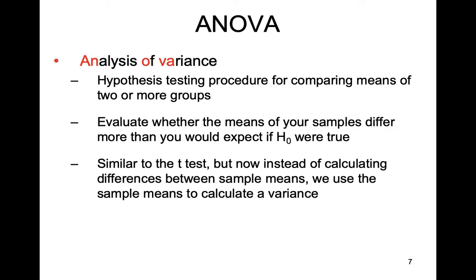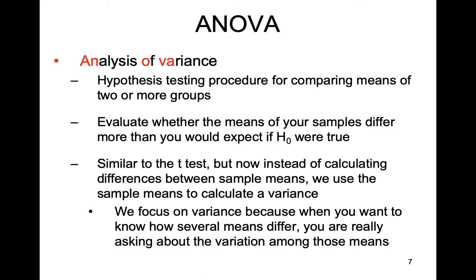Indeed, when we think about how we calculate variance, a variance statistic is based on deviations from the mean. So they're very similar to one another, the t-test and analysis of variance. We're just going to focus on variance because when we want to know how several means differ from one another, we're really asking about the variation among those means.